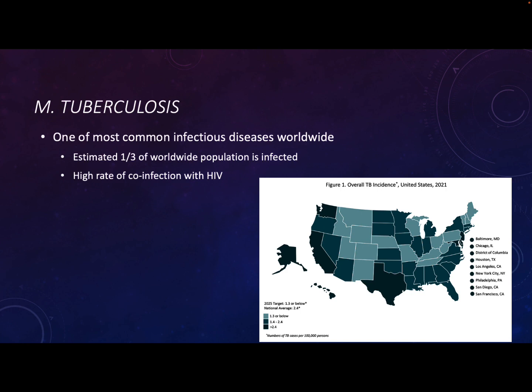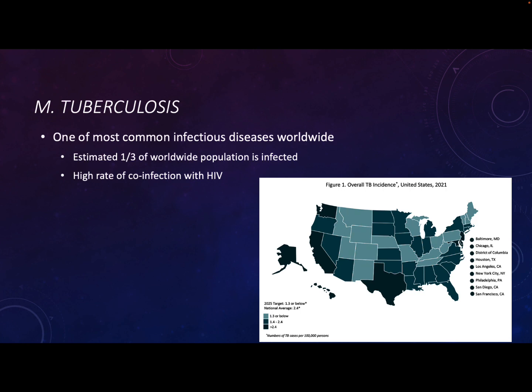No. Of course not. But in places where tuberculosis is endemic, yes. And in some of those places, we also see a high rate of co-infection with HIV. It's most likely that HIV suppresses the immune system just enough that it makes HIV patients more susceptible to the infection.